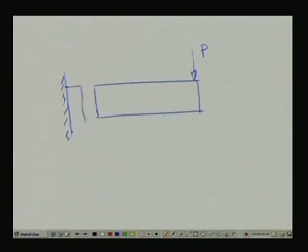This is the view you are getting. This point is A, which we assume is almost at the edge. This is the B location, this is the C location, and D is on the other side. If we draw an expanded view of this, what can we see?